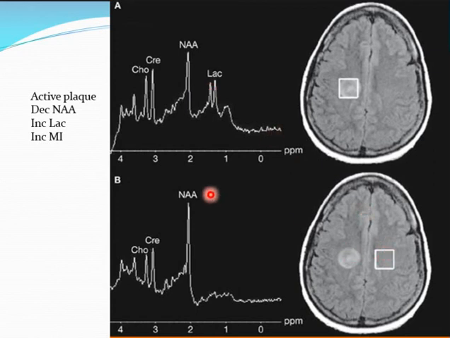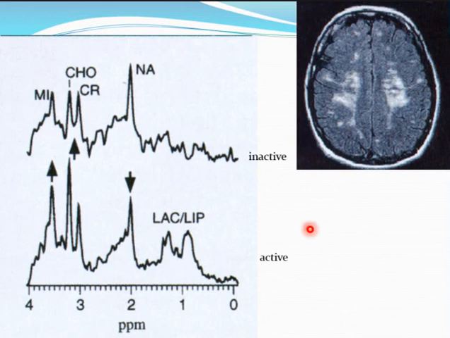Compared to the normal side, the NAA is normal compared to the choline and creatinine. So, a case of suspected MS with decreased NAA peak indicating a demyelinating disease, an active demyelinating plaque. Okay? You can see here, this is a typical case of MS. And you can see here, the NAA is decreased and there is appearance of a lipid lactate lesion indicating active disease.